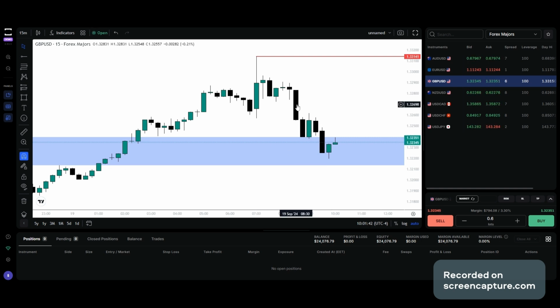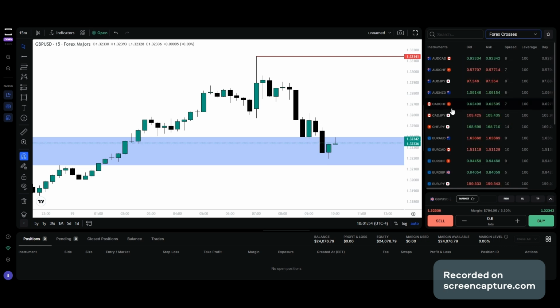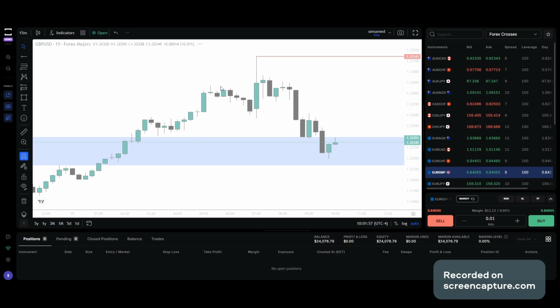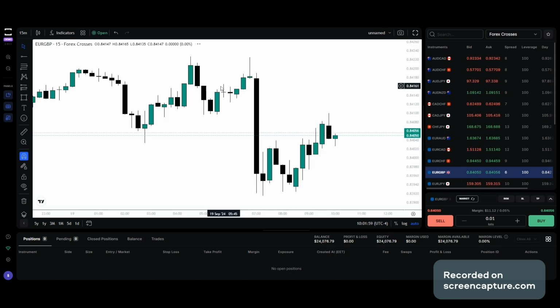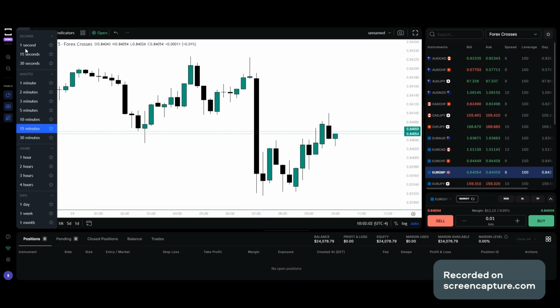pound is stronger. So I'll pull that up here quickly because it doesn't look like we're going to get a crazy displacement quite yet. So we got our Forex crosses and euro pound right here. I'll pull that up here quickly. Okay, so let's go out to the daily.